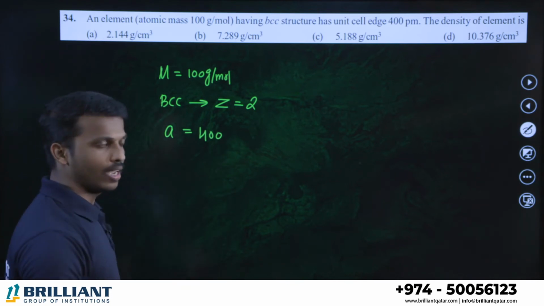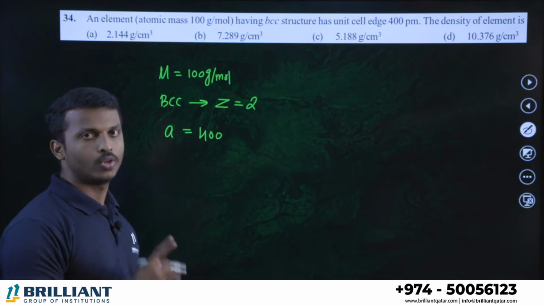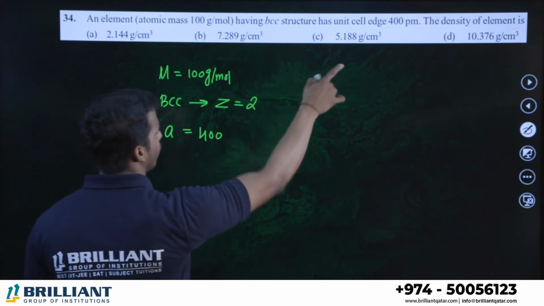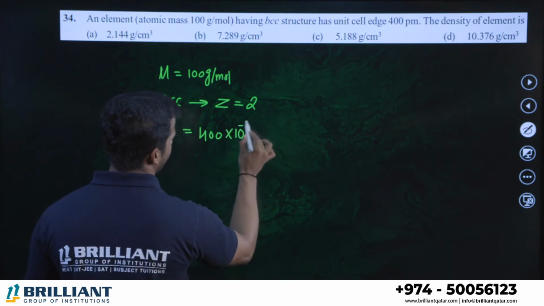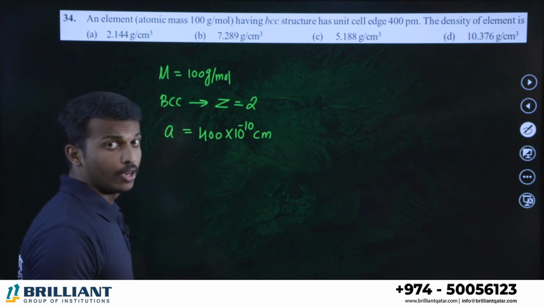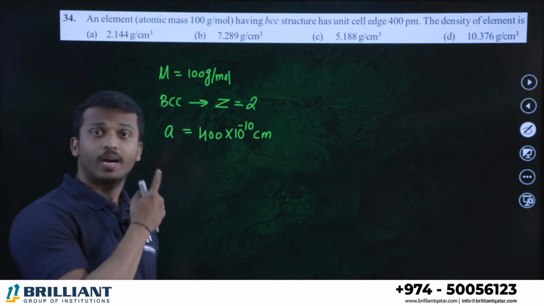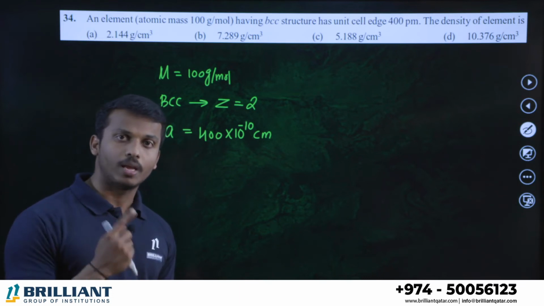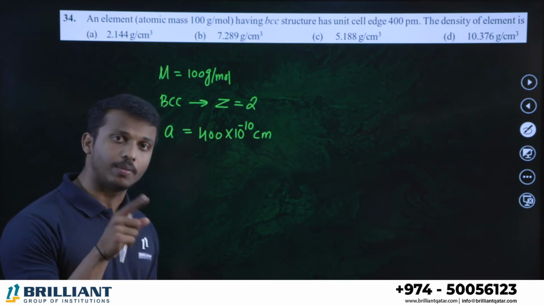Density we are calculating in gram per centimeter cube, so your edge length must be in centimeter. How can we convert picometer into centimeter? Multiply 400 picometer by 10 to the power minus 12, it becomes meter; 10 to the power minus 10, it becomes centimeter.